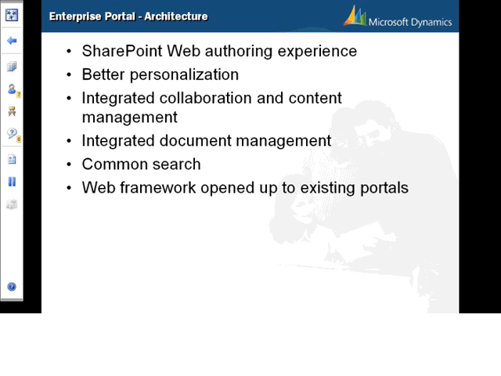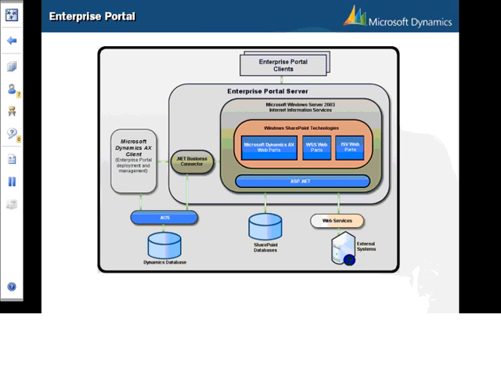Existing web portals can use Microsoft Dynamics AX web parts and that way use the Microsoft Dynamics AX web framework. And you can see on the previous slide, this figure provides a logical overview of a Microsoft Dynamics AX system with an Enterprise Portal server and illustrates how communications flow within it.